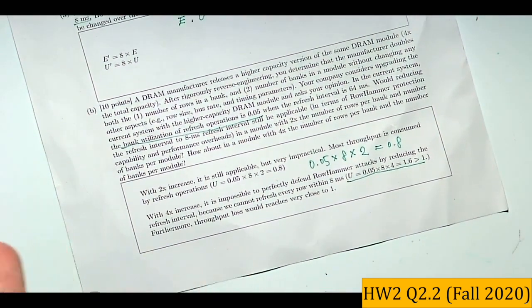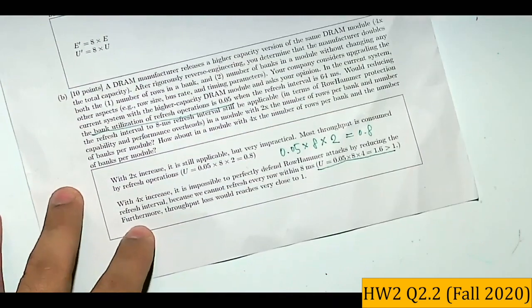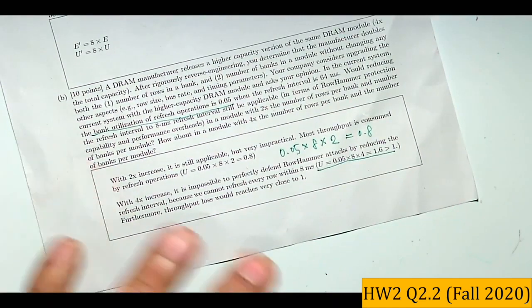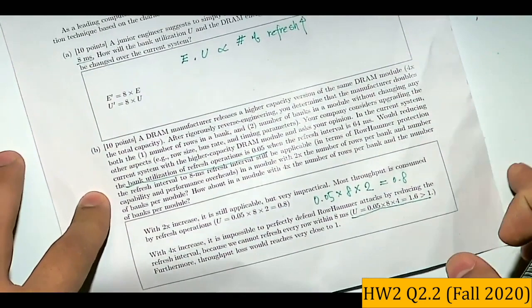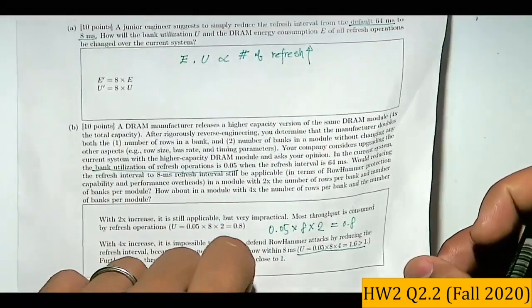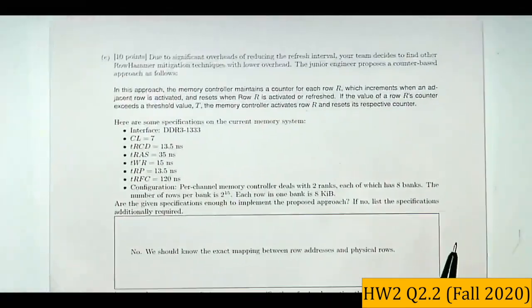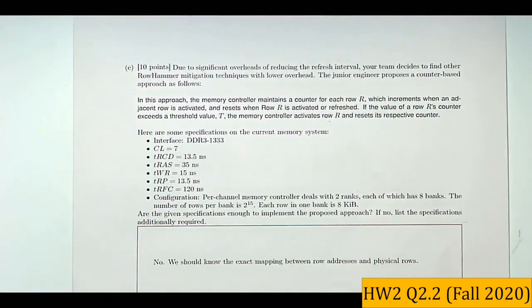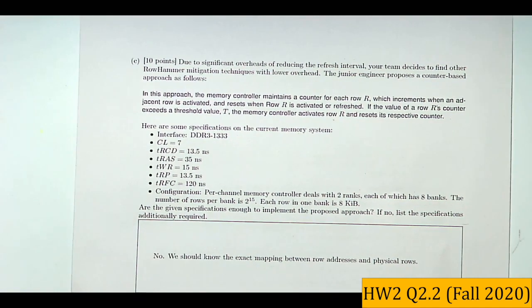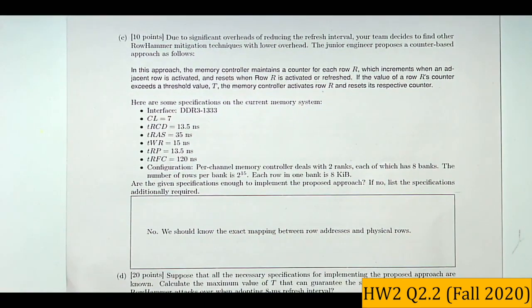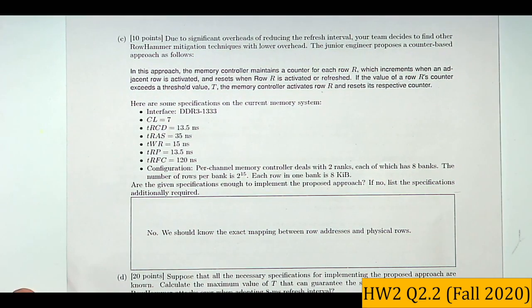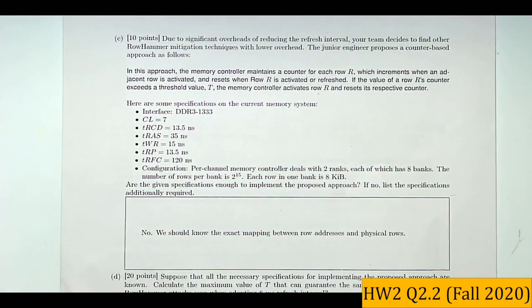So we cannot apply this approach if the number of rows and banks increase 4x. Reducing the refresh interval is not feasible when DRAM scales out. So we should think about another approach.